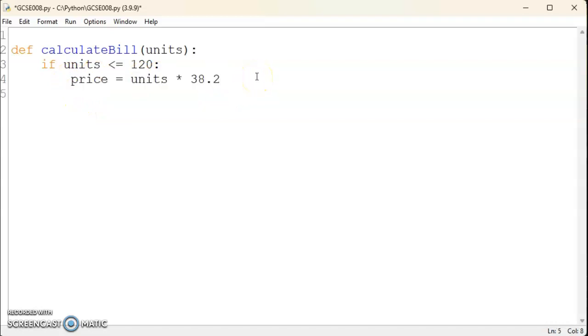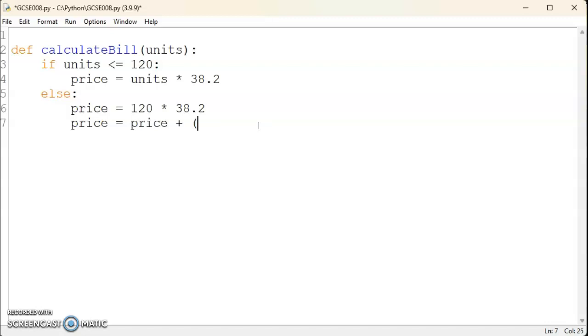Now, otherwise, the price will decompose into two parts. We'll begin by saying that the price is equal to 120 times the base unit rate, and then we're going to say that the price becomes equal to the price before plus the additional amount that has to be charged on top.